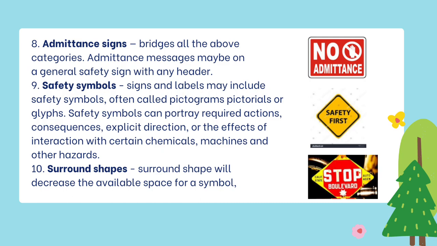Safety symbols can portray required actions, consequences, explicit direction, or the effects of interaction with, say, certain chemicals, machines, and other hazards. 10. Surround shapes. Surround shape will decrease the available space for a symbol.